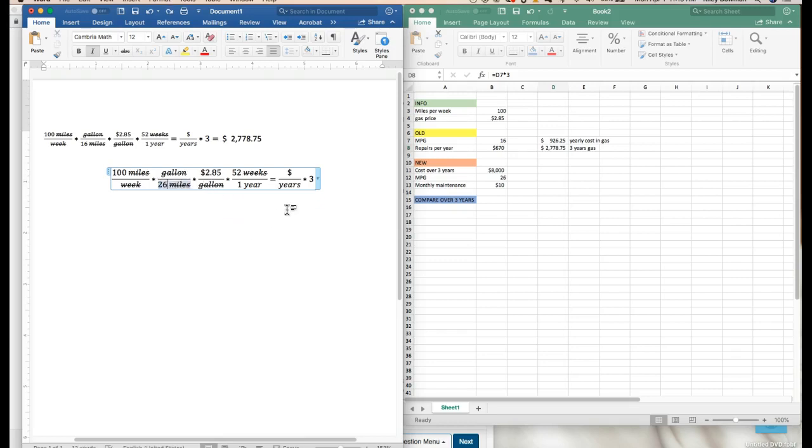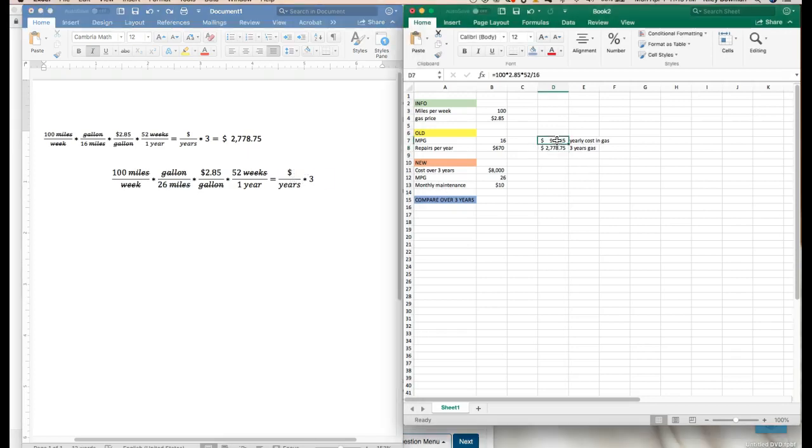There we go. And all of the units still cancel out, and so we're just going to end up with something here. In fact, because all of those are the same, I'm just going to copy this, put it down here in the new one, and I'm going to start it with miles per gallon, just to keep things kind of consistent, and take out the 16 and put in 26, and that'll give me the new yearly cost in gas, and then we need to multiply that by 3 for the cost of gas over the 3 years.